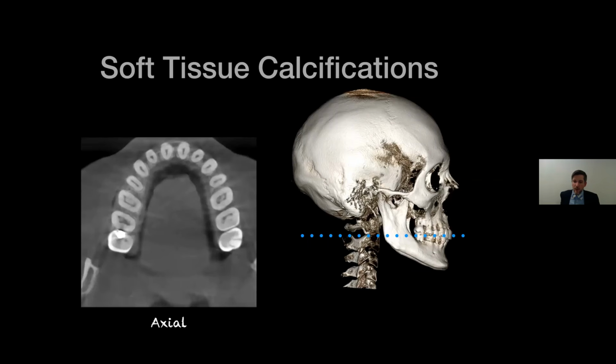The thing with pans too is you can actually draw the area of focus that you want for your panoramic. If you were to take a conventional pan, you are locked into a specific area of focus. We call it a focal trough. With cone beam, you can actually draw that area of focus yourself in the software, and so you can account for that.